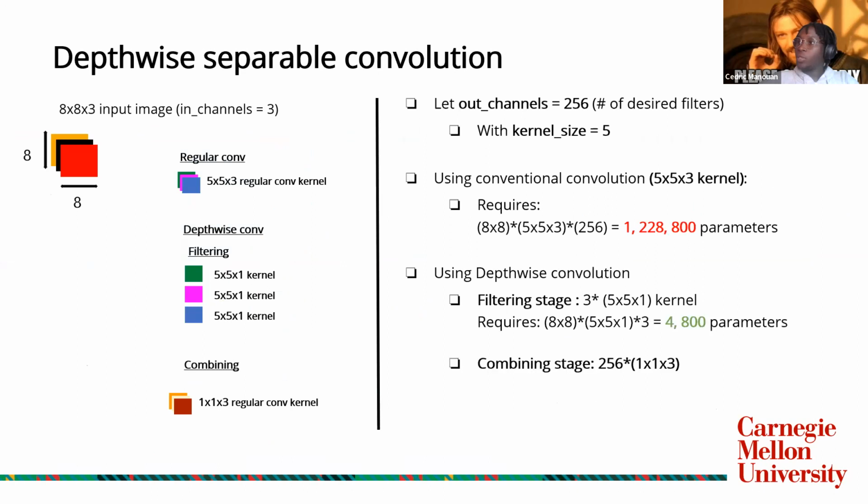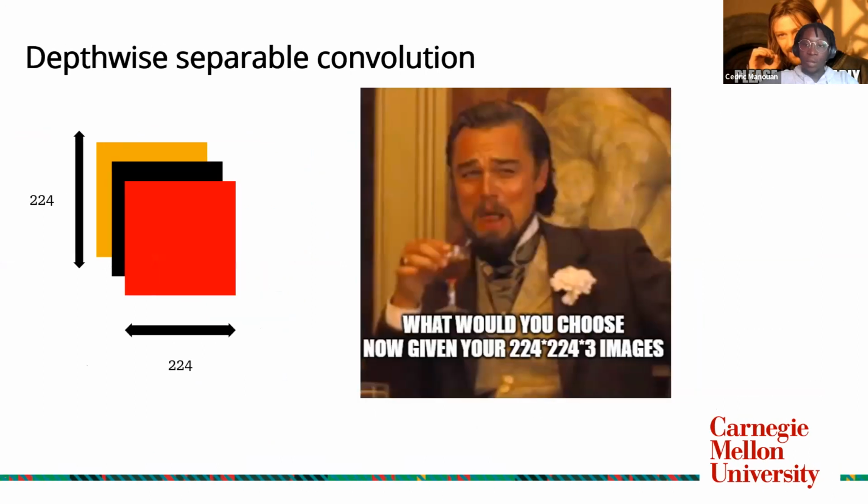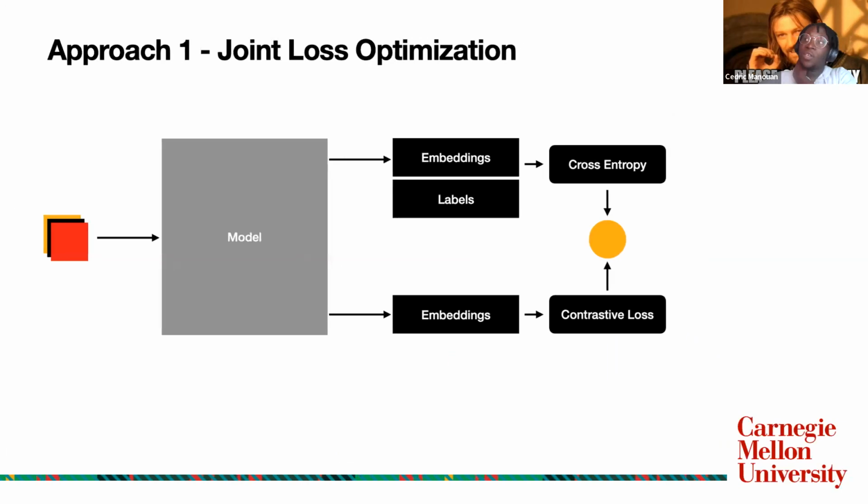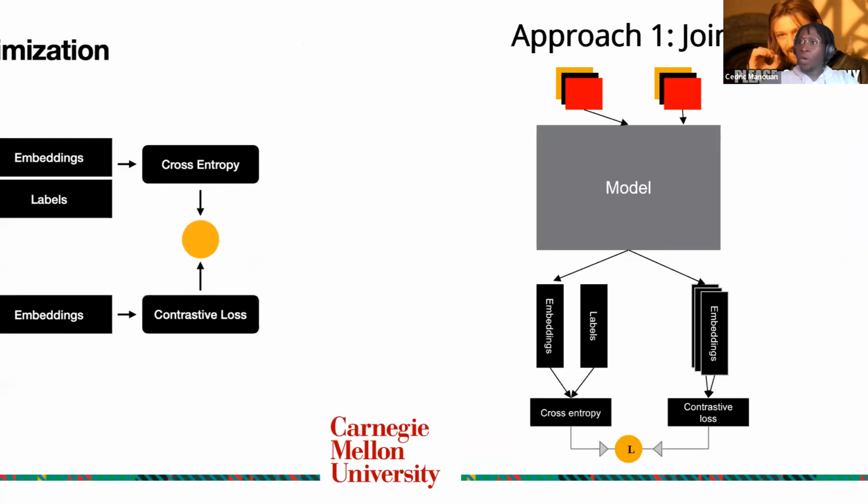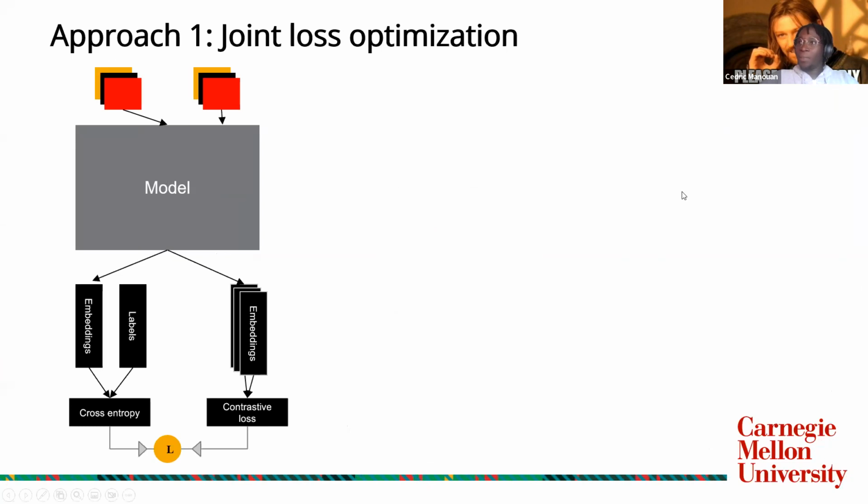So let's go ahead and have a discussion about the setup for classification and verification. You have a choice of the approach that you want to use for both. The first one is having a joint loss that you optimize to get your verification model while you're training your classification model. In this setup, you have the same convolution model, which we call model here.